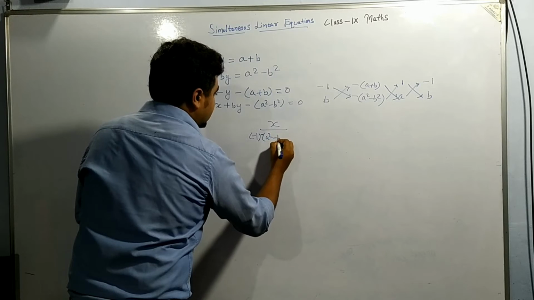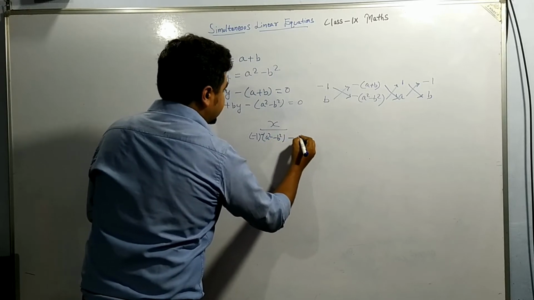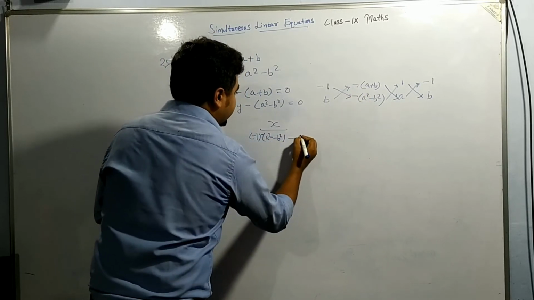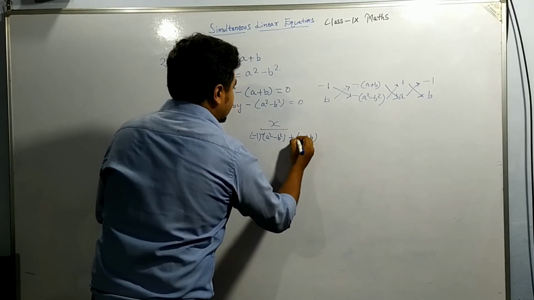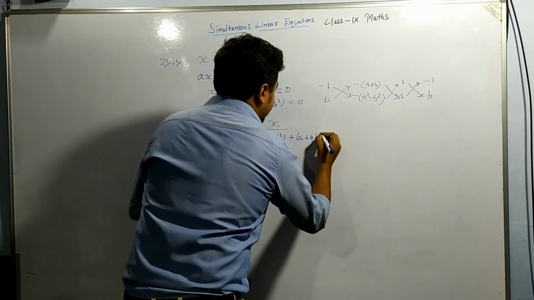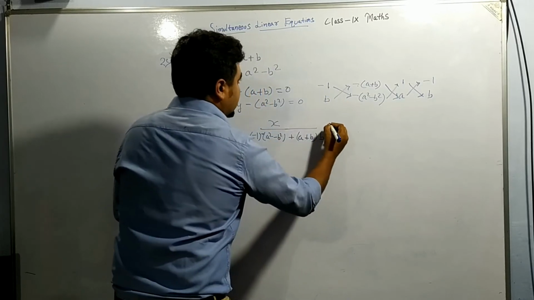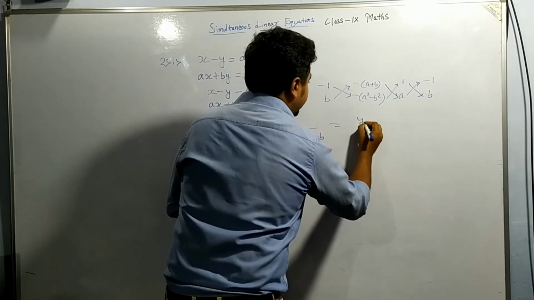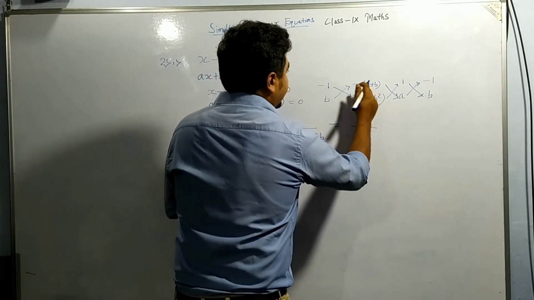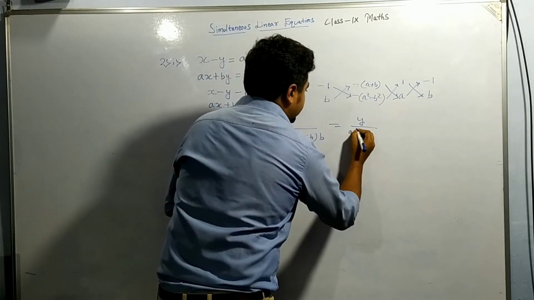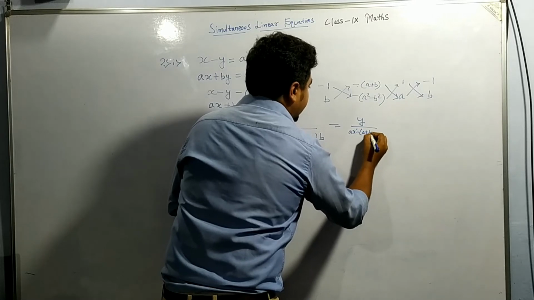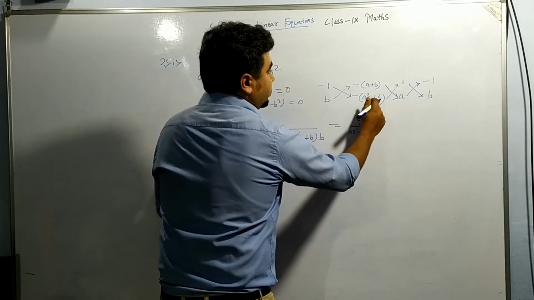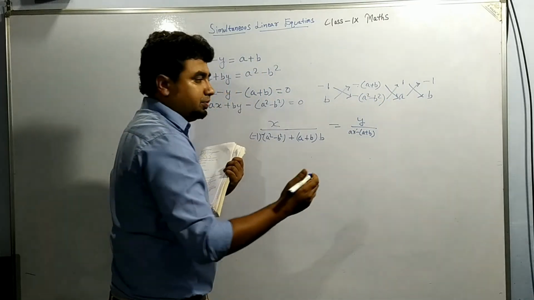A square minus b square. Then minus of minus will become plus. This is a plus b into b. And this is again y by a into minus of a plus b, and again 1 into minus of a square minus b square.